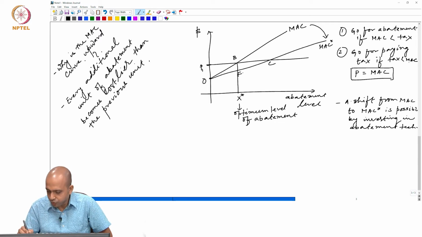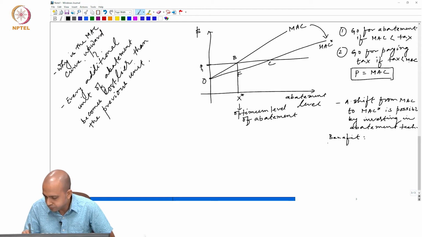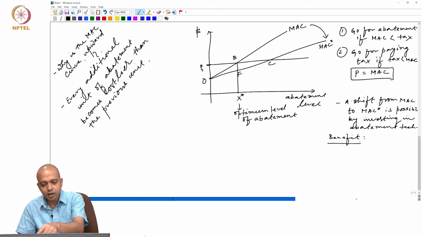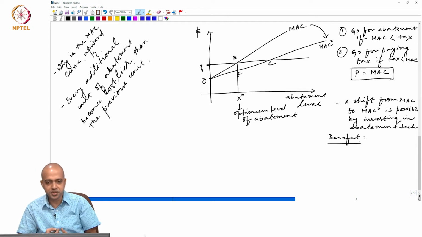So, let us now think about what is the benefit. What is the benefit of investing my money into that R&D so that MAC shifts from MAC to MAC star.